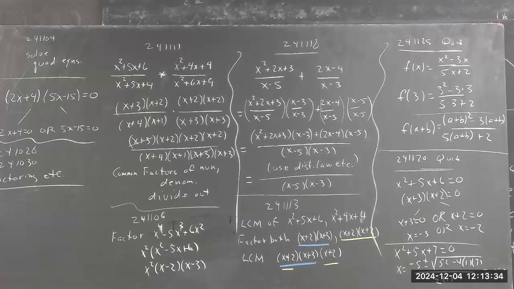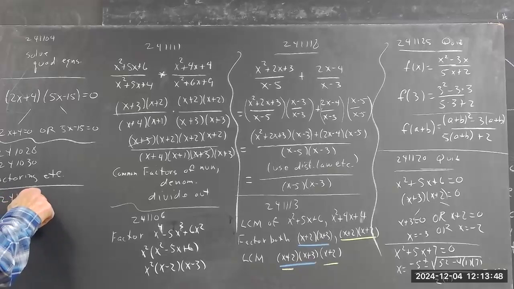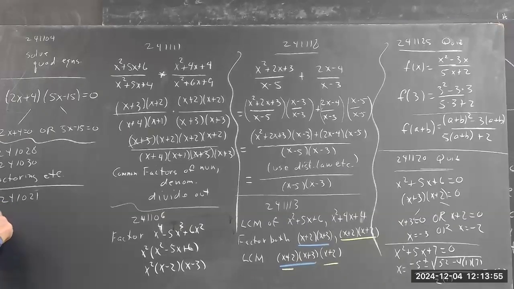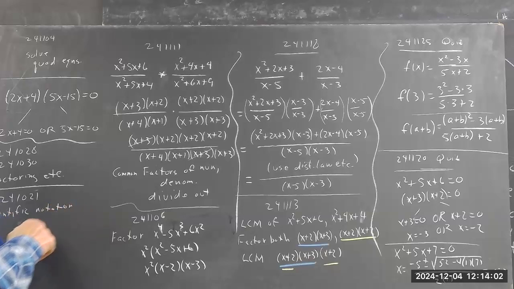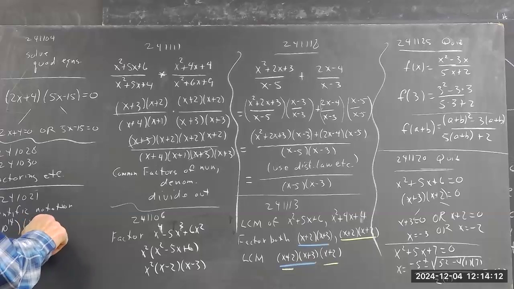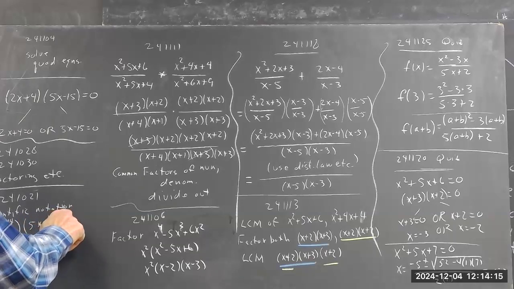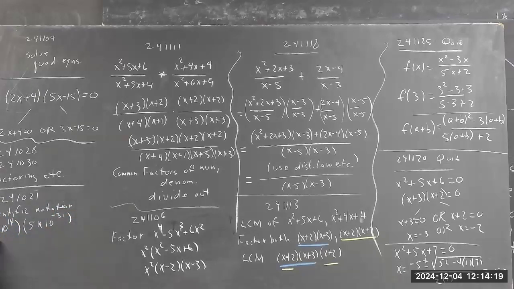The 1021 quiz was scientific notation. This is an example of calculation in scientific notation.